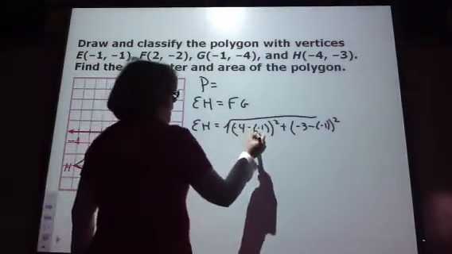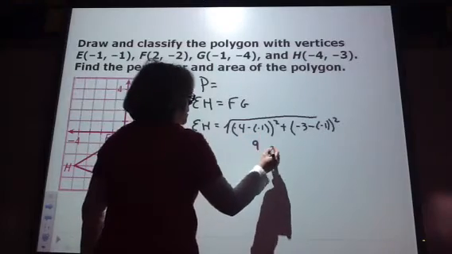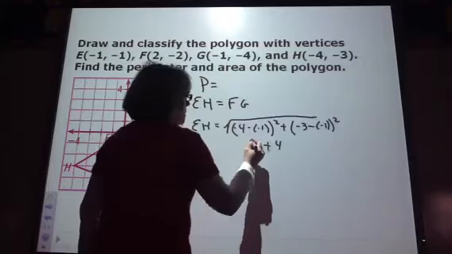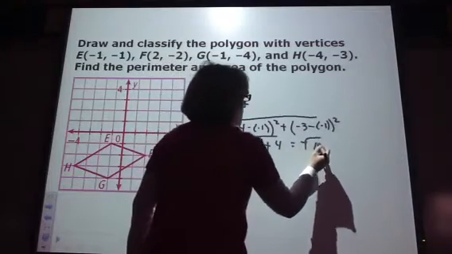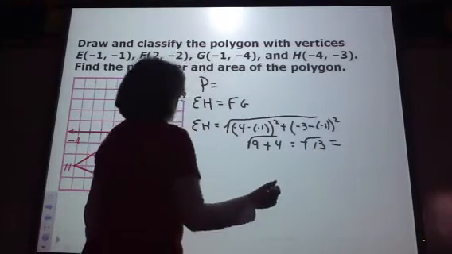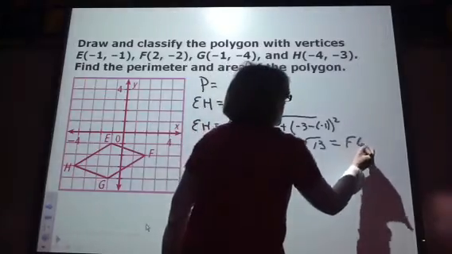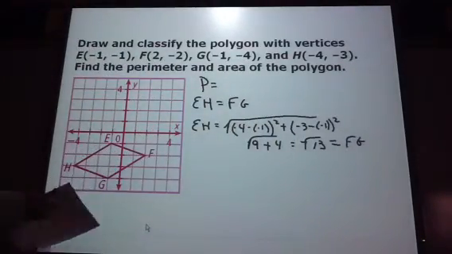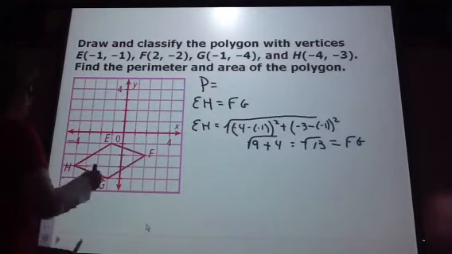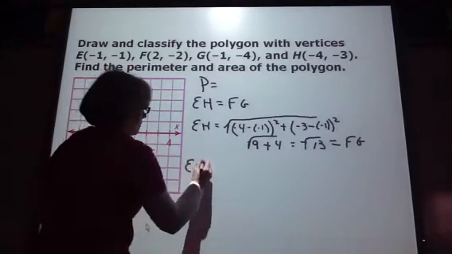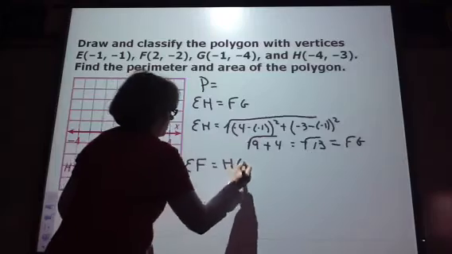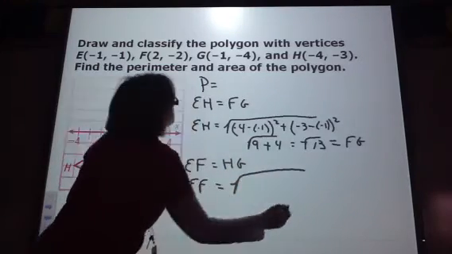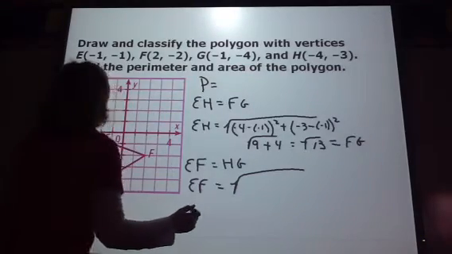So right here I have -3 squared, which is 9, and -2 squared, which is 4. So I have the square root of 13. So this is EH and FG. Now I have to find EF and HG. So let's find EF.